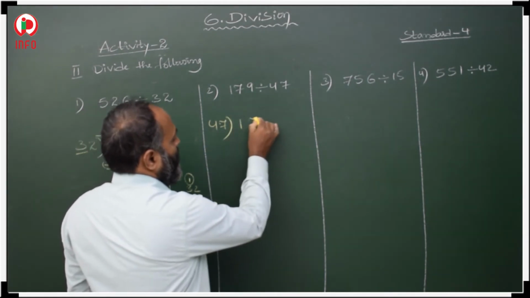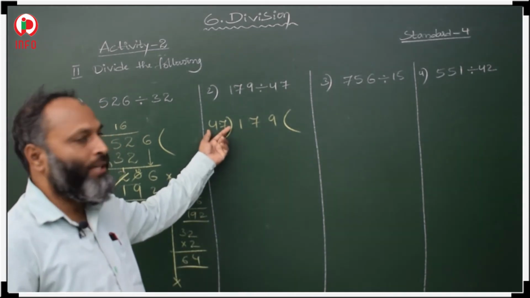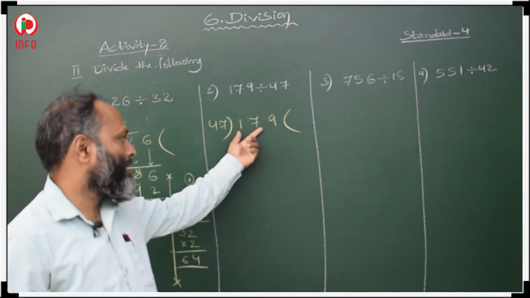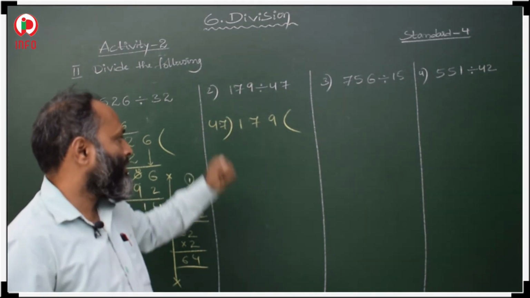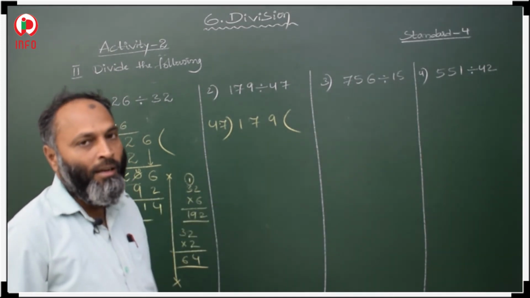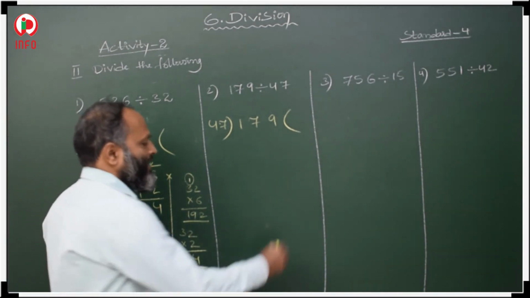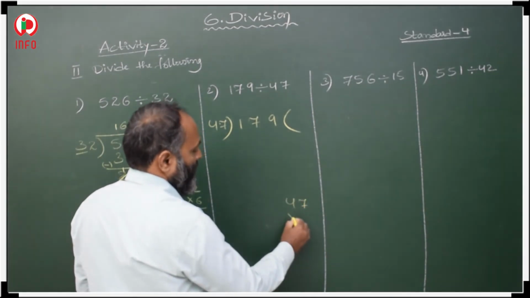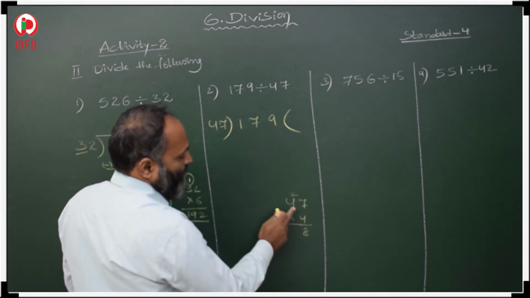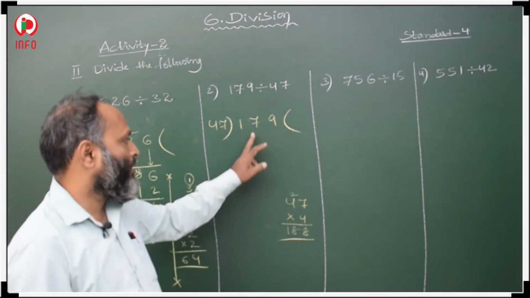179 divided by 47. Now, here we have a 2 digit divisor. So, first you take 2 digits from the extreme left side, the number 17. 17 is less than 47. So, we have to take 3 digits, 179. In the 47 table, when you get 179, once you check 47 4s are, 4 7s are 28, 2, 4 4s are 16, 17, 18, 188, it is more than that.